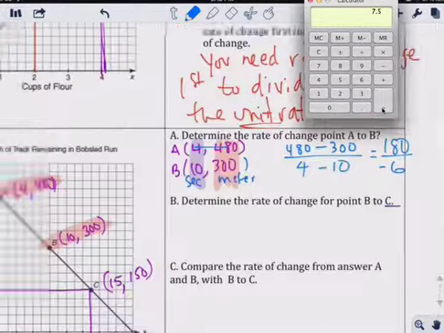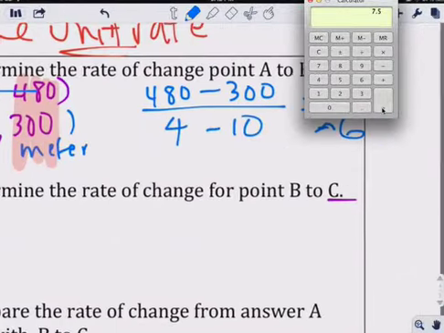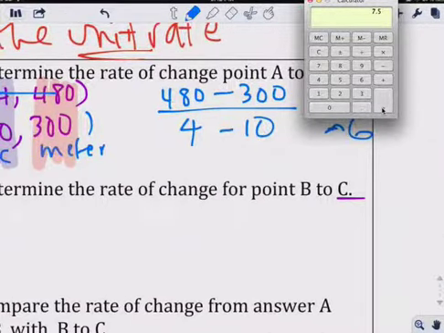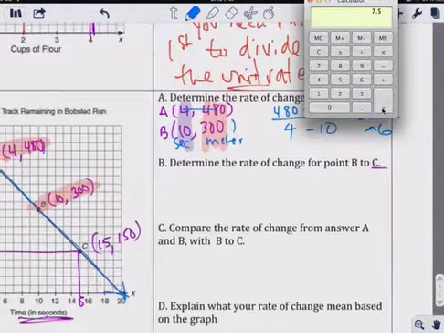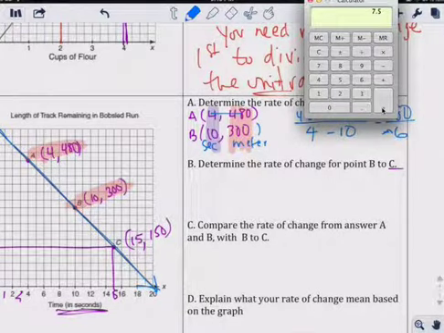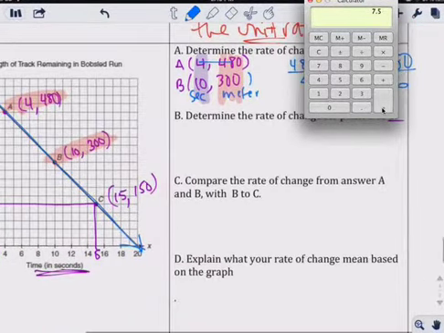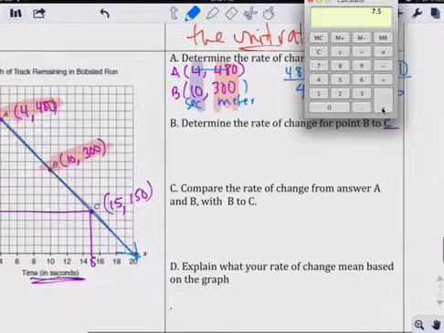Okay, this is a negative graph. Notice the graph is going down. It's a negative slope. So the rate of change here is 180 over -6, or reduced to, we'll just leave the rate of change like that, -30 over 1, or -30.